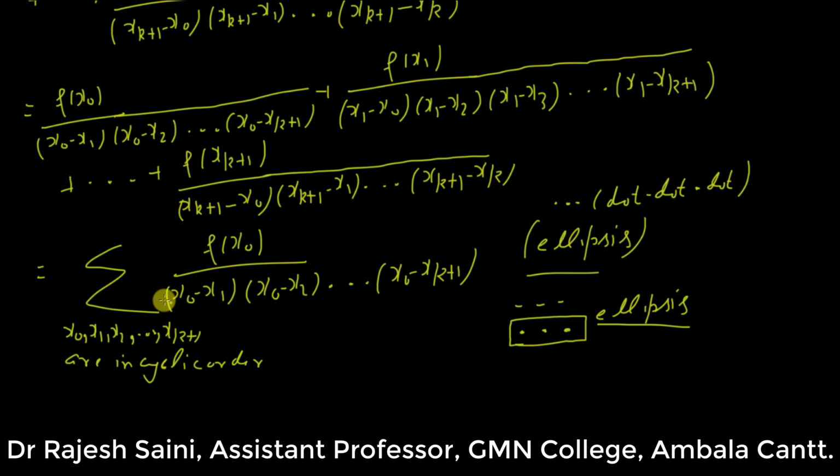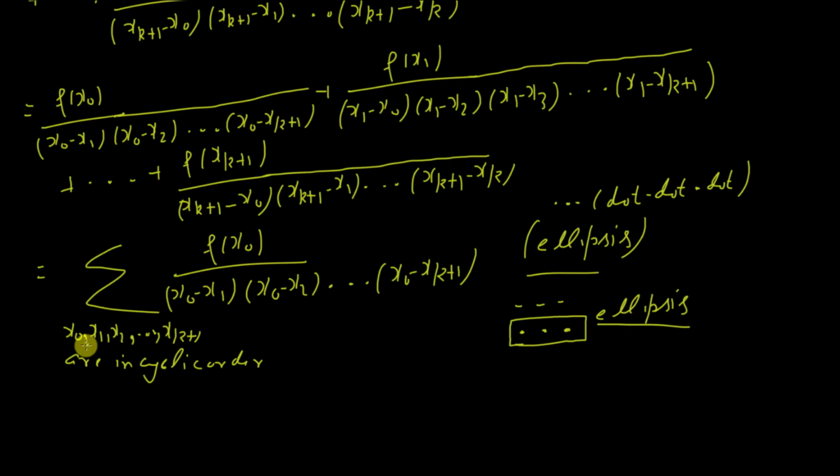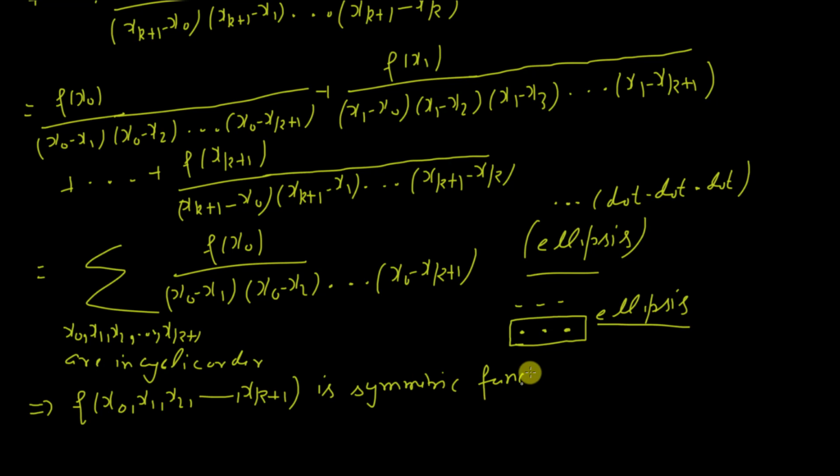Fine. So this shows that we have written it as this sum where x0, x1, up to xk plus 1 are in cyclic order. This implies that the k plus 1th order divided difference is a symmetric function of their arguments.